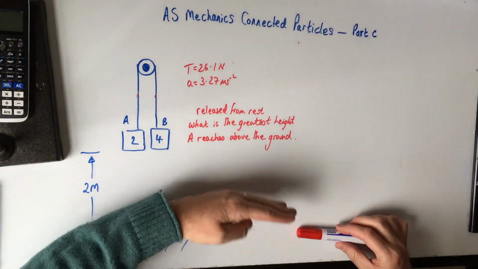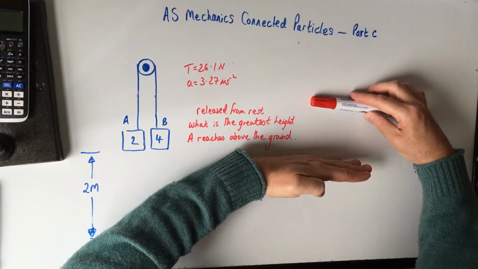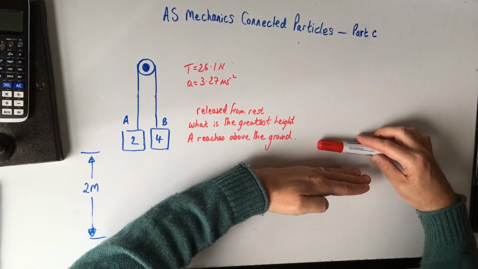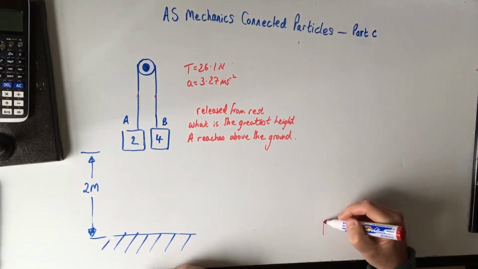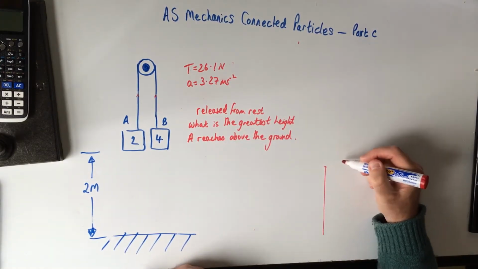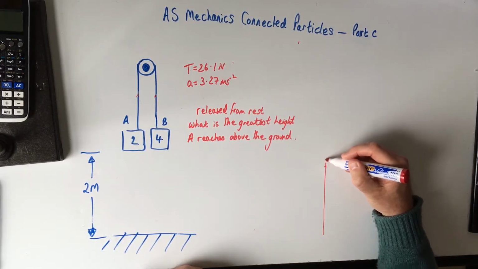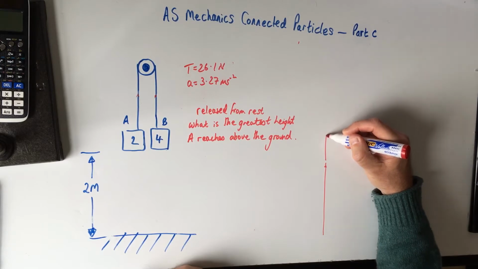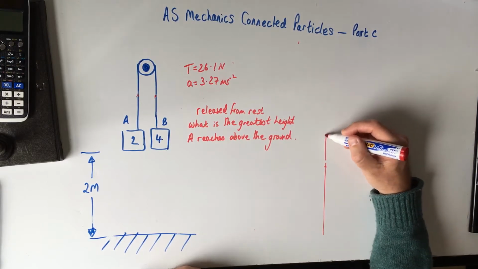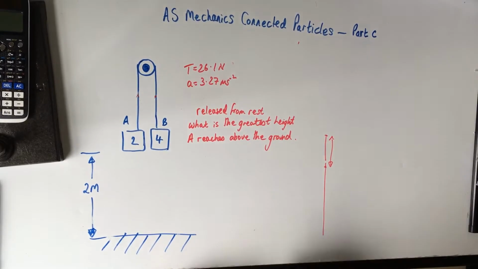If I was to push this up and just stop my hand, it would carry on going a little bit further, wouldn't it? And that's what happens. So A accelerates up. The moment B hits the floor, the string becomes loose. A carries on and slows down under gravity. And we want to find how high it reaches above that point.